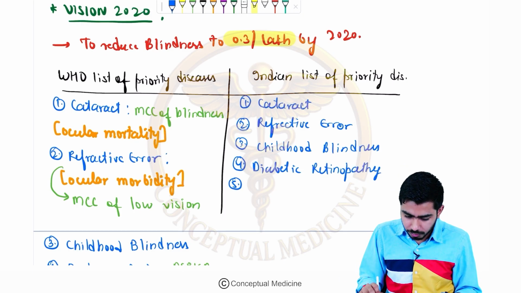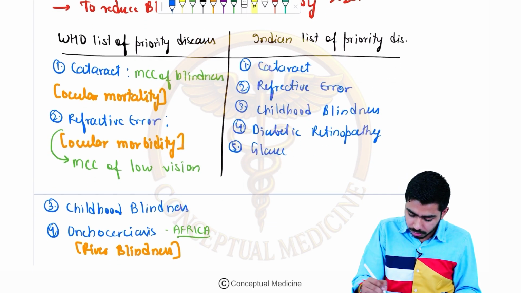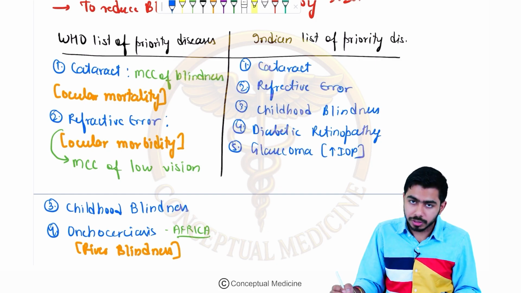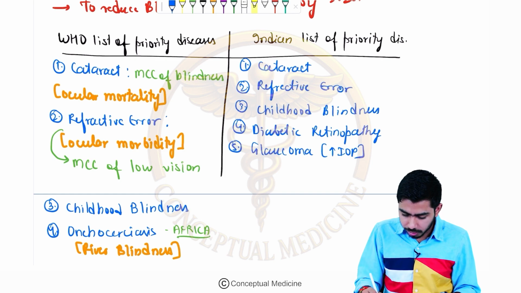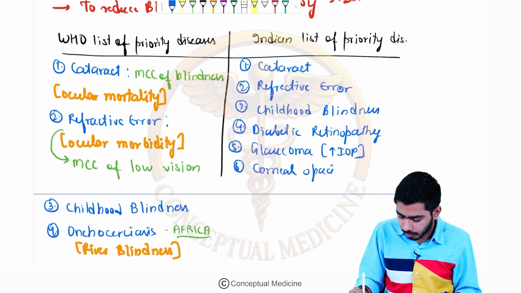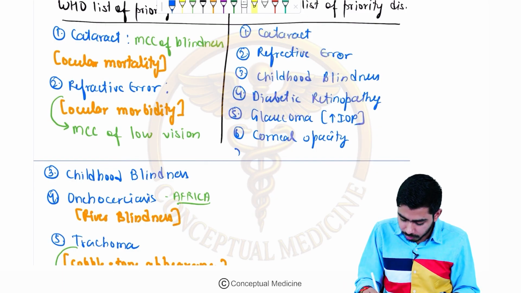The fifth one we shall talk about is glaucoma, where you will find an increase in the IOP, the intraocular pressure. Then there could be corneal opacity. And how can we forget that very important one, trachoma?